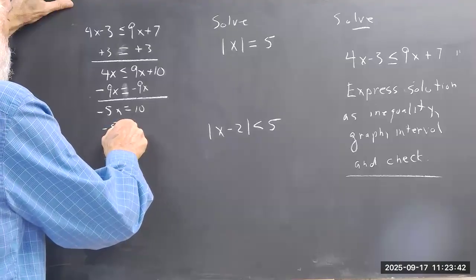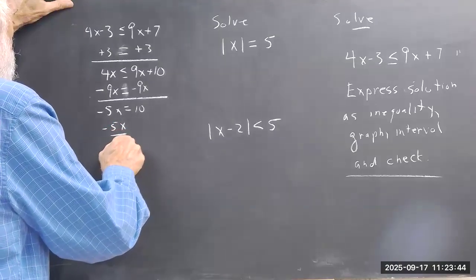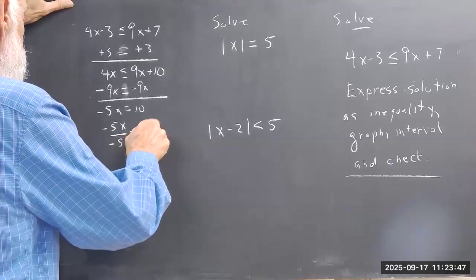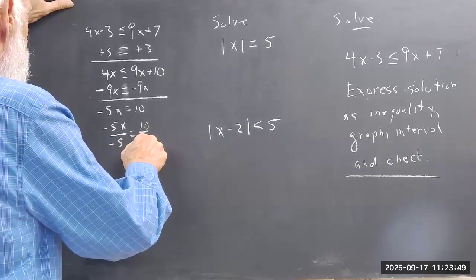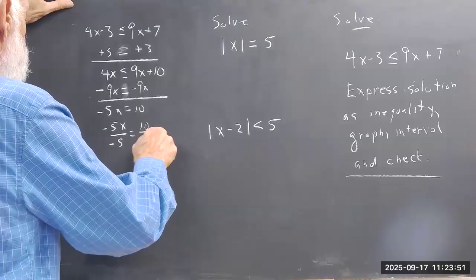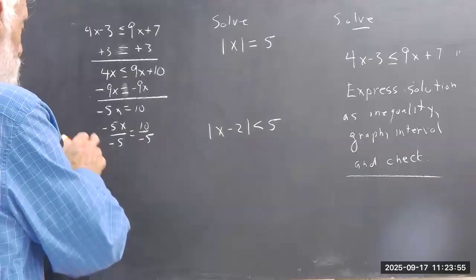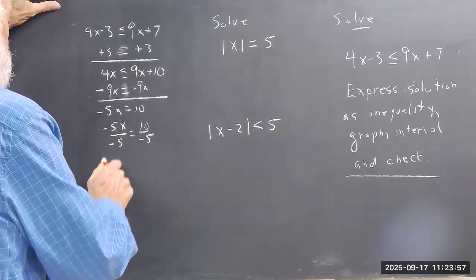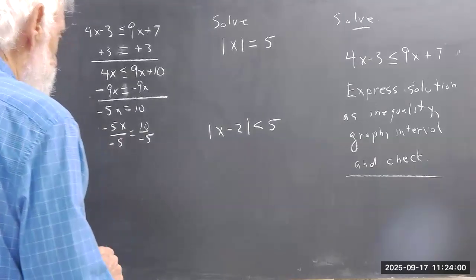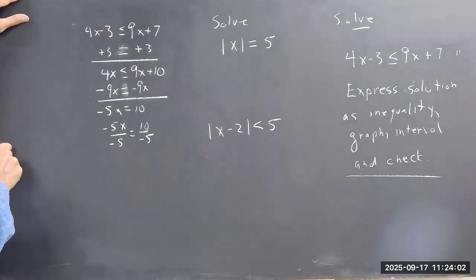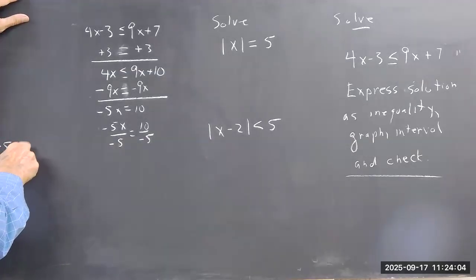Then we divide -5x by -5. Now, at least one person made an error here. What does this mean? This means, I'll write it over here. Make sure you understand this one way or another.